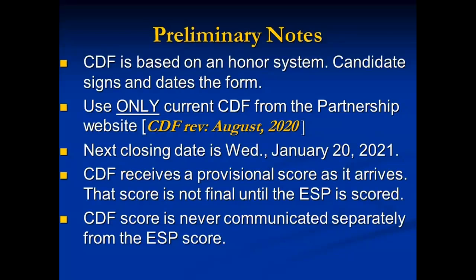The candidate data form receives a provisional score as it arrives. That score is not final until the executive skills portfolio arrives and it is scored. There are lots of technical reasons for that, having to do with the way in which points are calculated, and it's really more weeds than you want to get into in this webinar. But you'll also see, as we look at the candidate data form, you can figure out pretty much for yourself very closely what that score is likely to be, because the form tells you the value for each section where you make an entry.